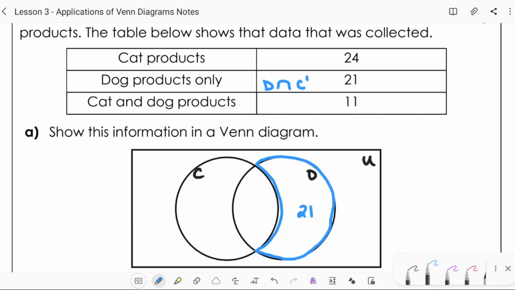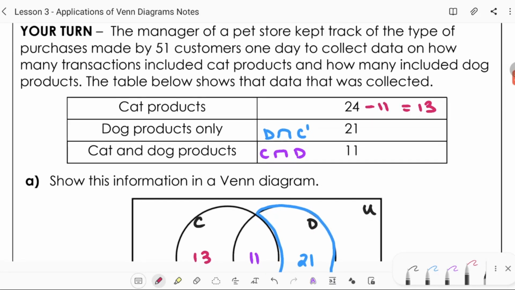I'm also given a very specific value for the next one, cat and dog products. So cat intersect dog is 11 in the middle here. That allows me to then figure out cat products, because I knew there was 24 total. I subtract the intersection, and I'm left with 13 strictly cat product purchases.